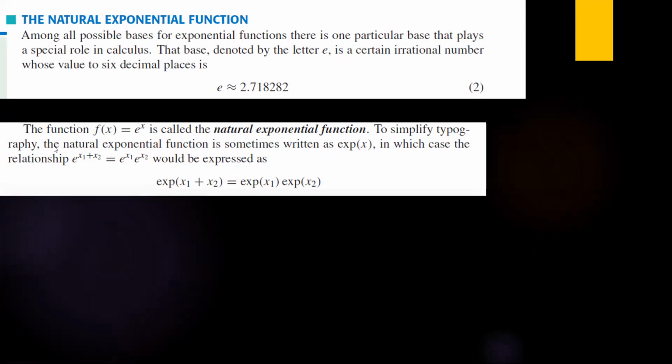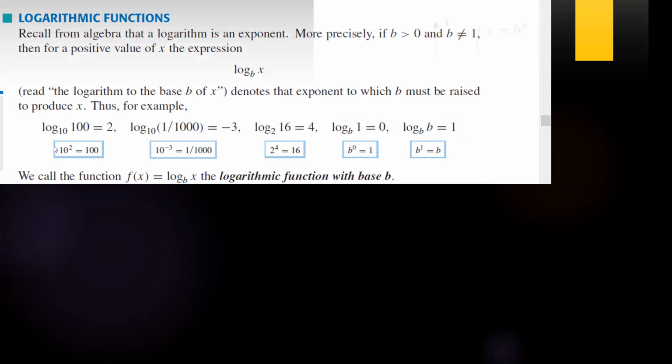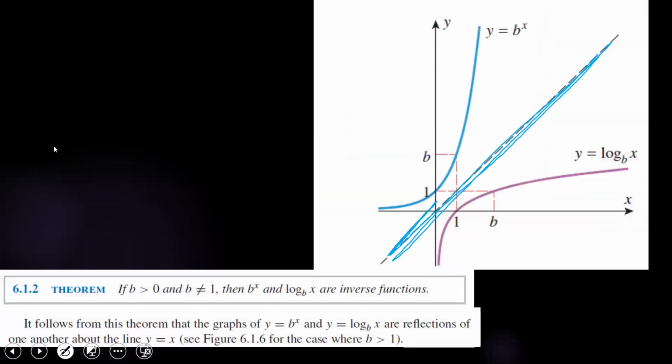Then we talked about a new thing, the logarithmic function, which is the inverse of the exponential. We say that logarithm to the base 4 of 1 is 0, because 4 to the power 0 is 1. We read it as logarithm to the base b of x, and as you see here, they are inverse to each other.